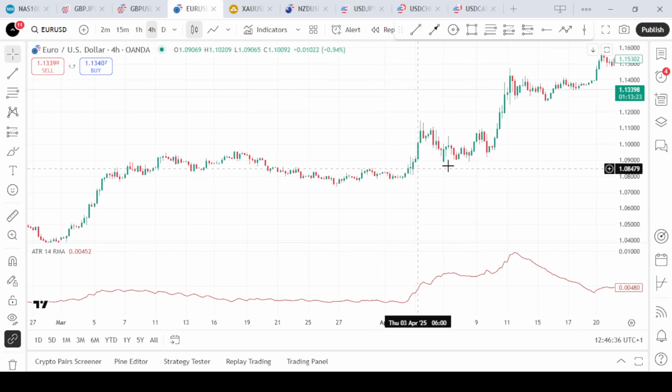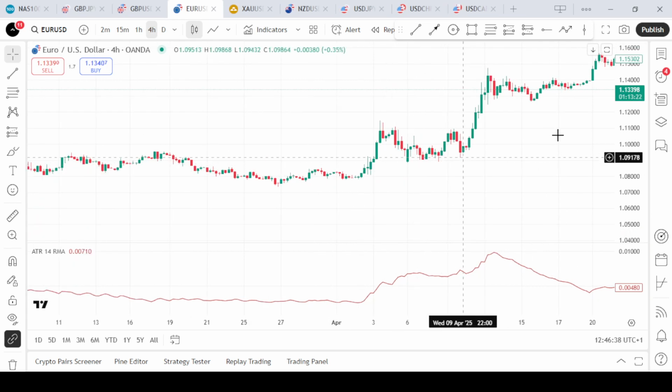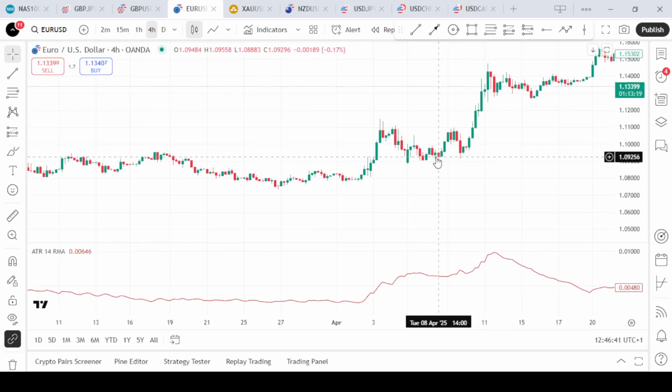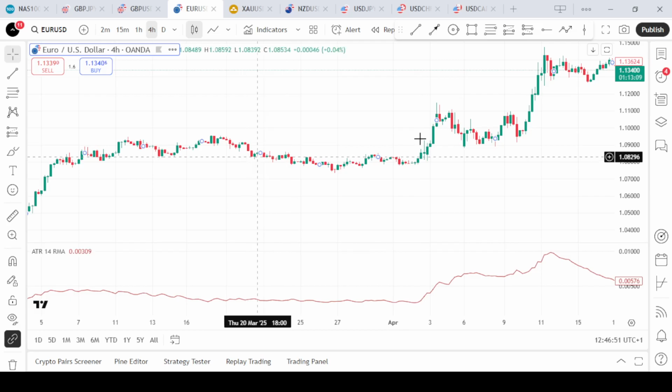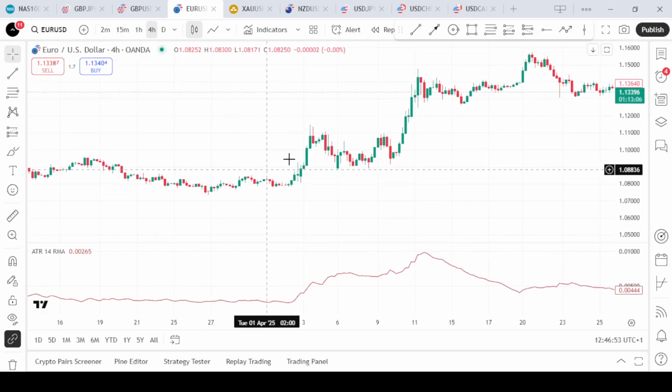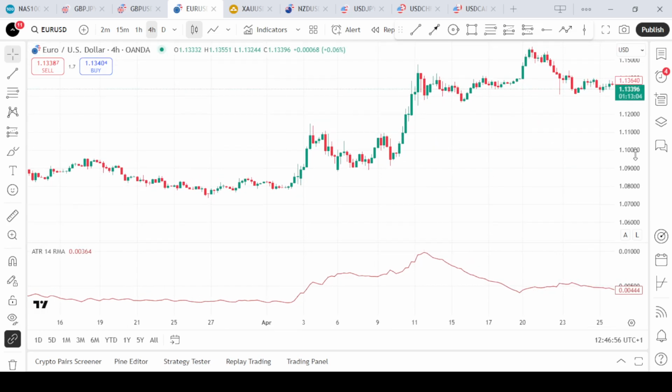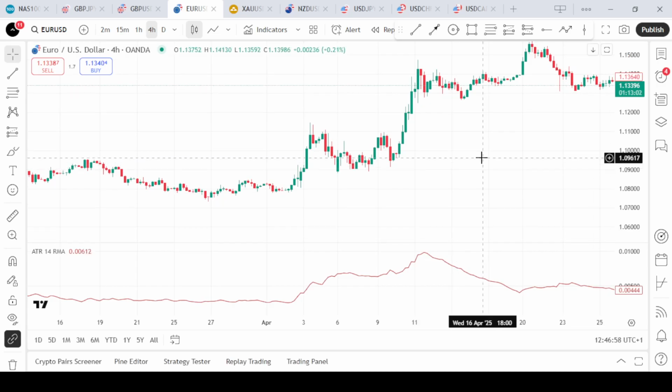Unlike other indicators that focus on price direction, the ATR strictly measures the degree of price fluctuations, making it a valuable tool for traders who need to understand market conditions without bias towards a bullish or bearish trend.